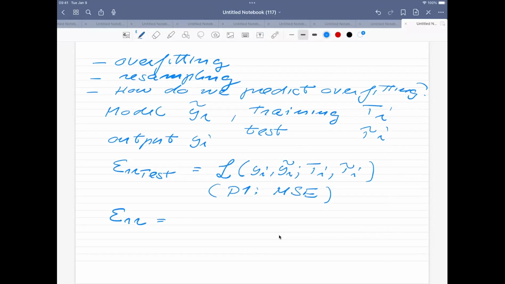The total error is typically the sum over all the individual errors. And then I just write this L of y_i tilde, t_i, and tau_i.